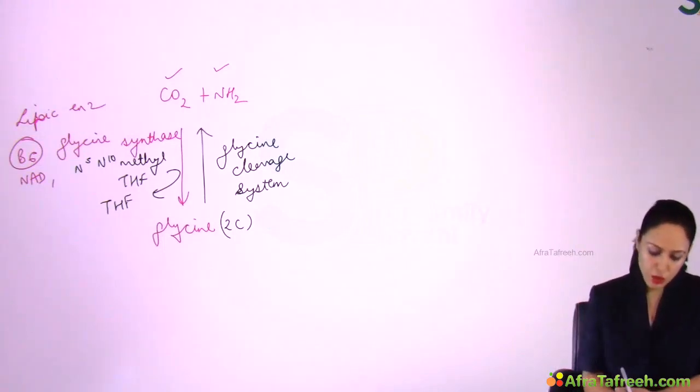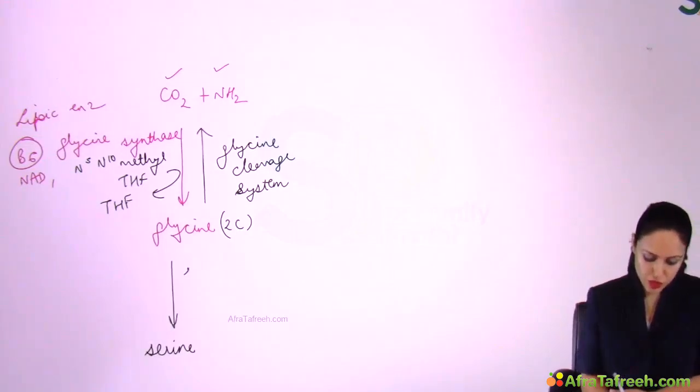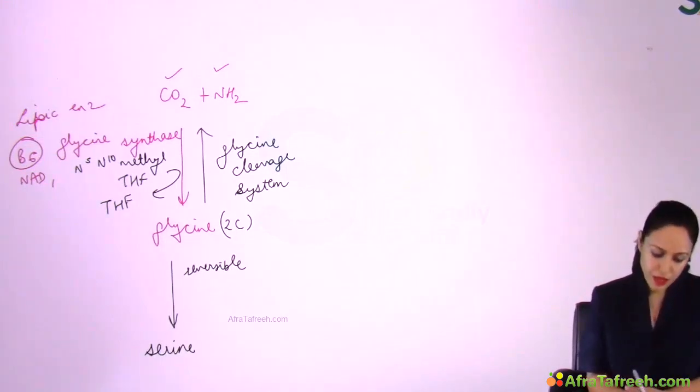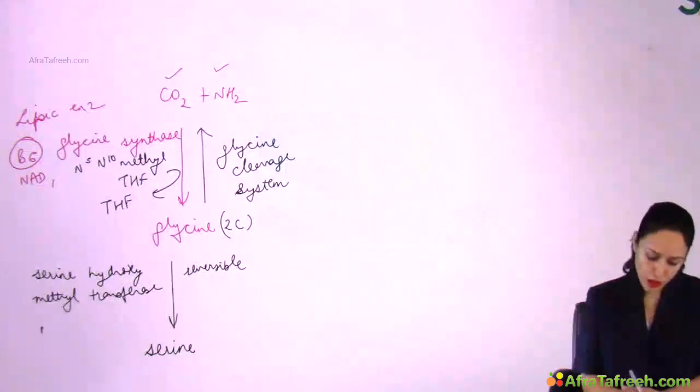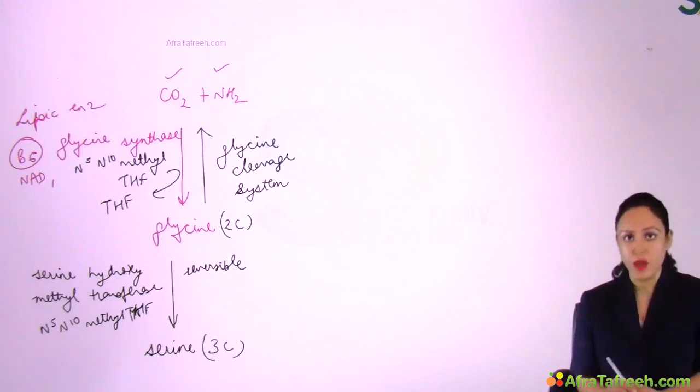Right, now glycine is converted to serine. This reaction is reversible and it occurs with enzyme serine hydroxymethyl transferase. Here also N5N10 methylene tetrahydrofolate is giving carbon, so that serine is having 3 carbons, right?